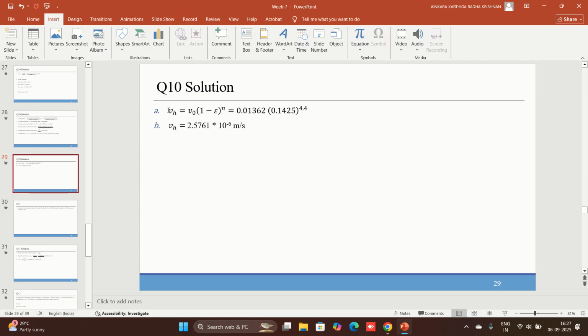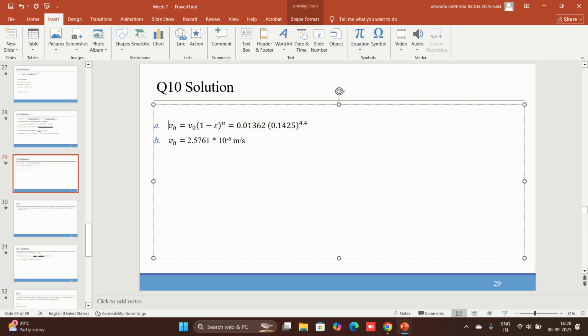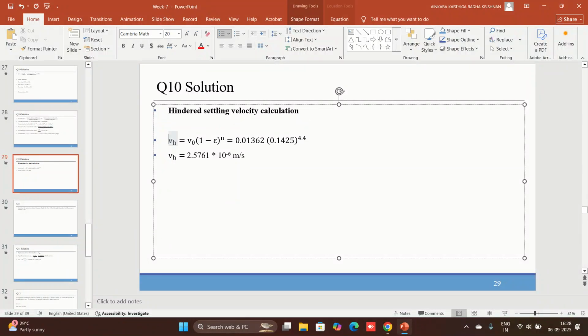Now we have to find the hindered settling velocity. Vh is equal to V naught into (1 minus epsilon) power n.